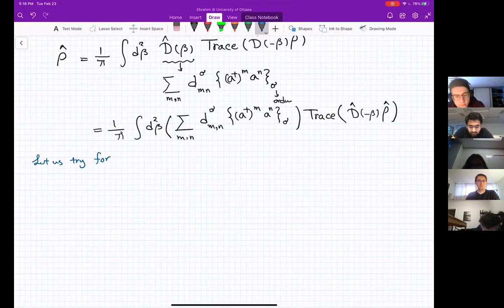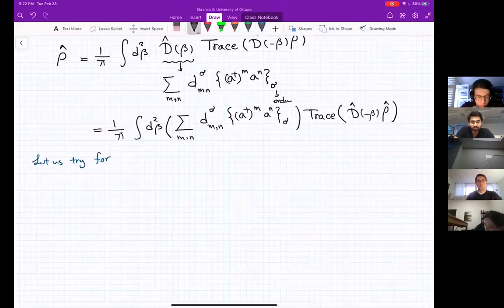Maybe I had to do something else for the density operator. That's fine. What have I done there? Okay, let's try.